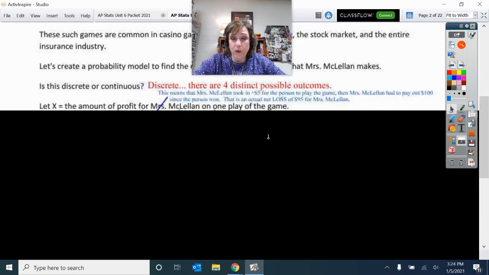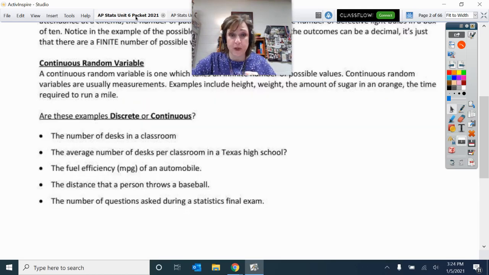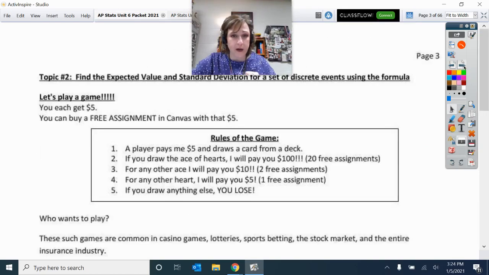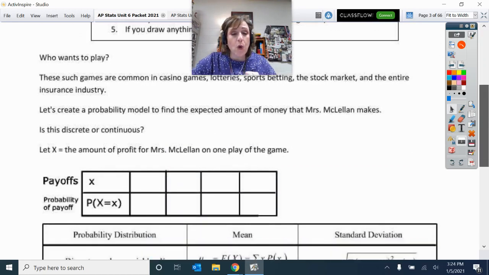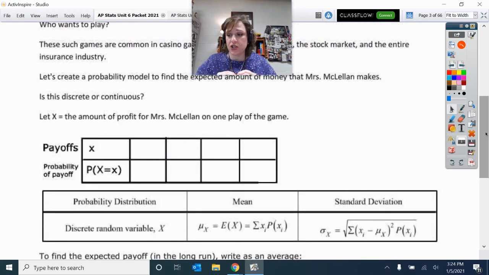so we're going to talk about this. It is actually important that when we make a probability table and a probability distribution, which I've got right here, we pay attention to the viewpoint. Is this about what Miss McClellan has to pay out, or is this about what the student benefits?